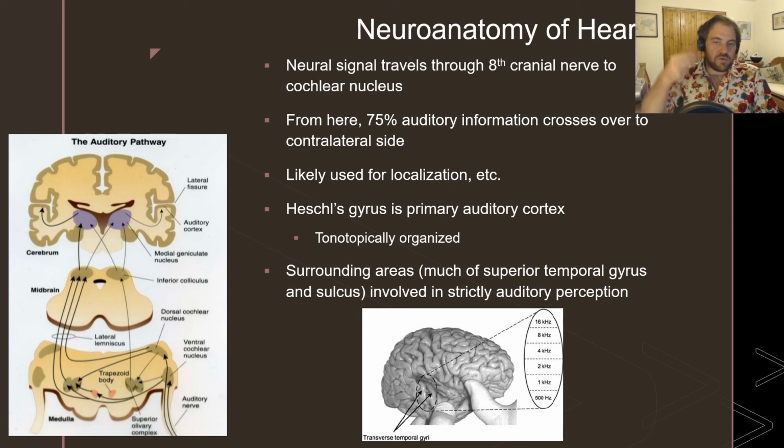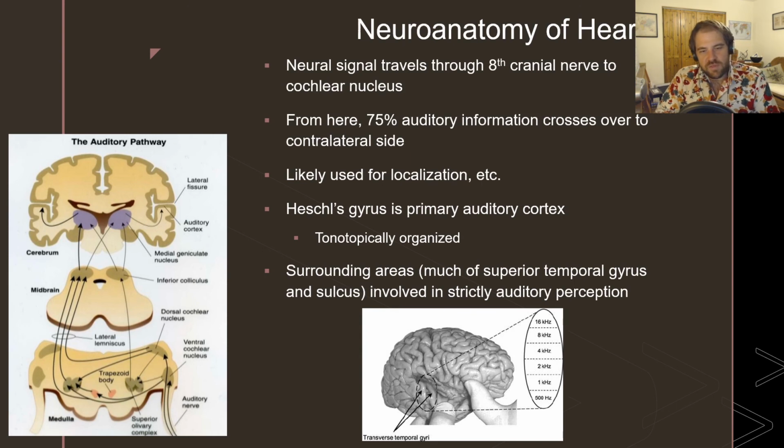The other 25% of auditory information comes into the right ear and remains ipsilateral by traveling to the right side of your brain, the right auditory cortex, not complex. It's probable that the reason 25% stays on the ipsilateral side is for localization and other things, though we're not 100% sure.